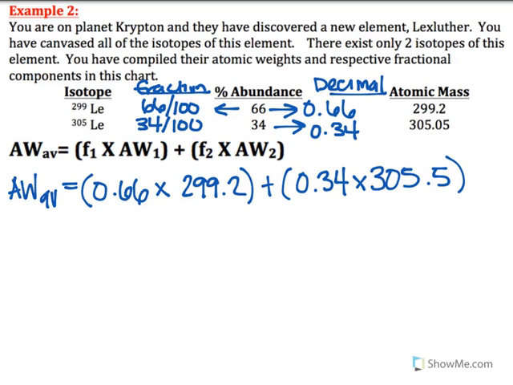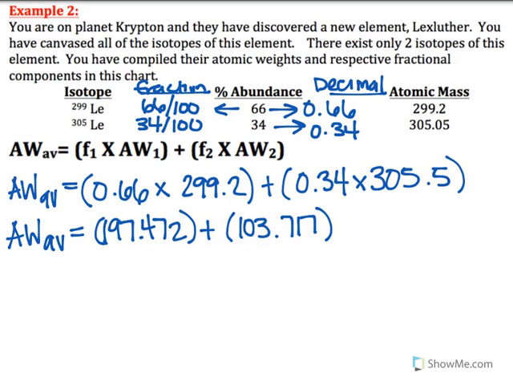Now, doing some simple arithmetic, I can simplify these two parentheses, and with some simple addition, I get, so the mass number of Le, or Lex Luthor element on planet Krypton, is 301.189.